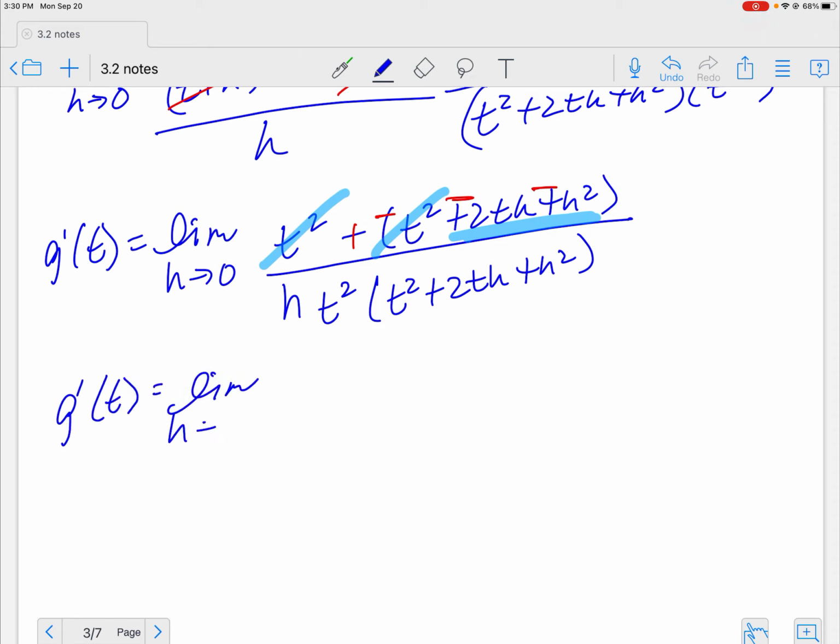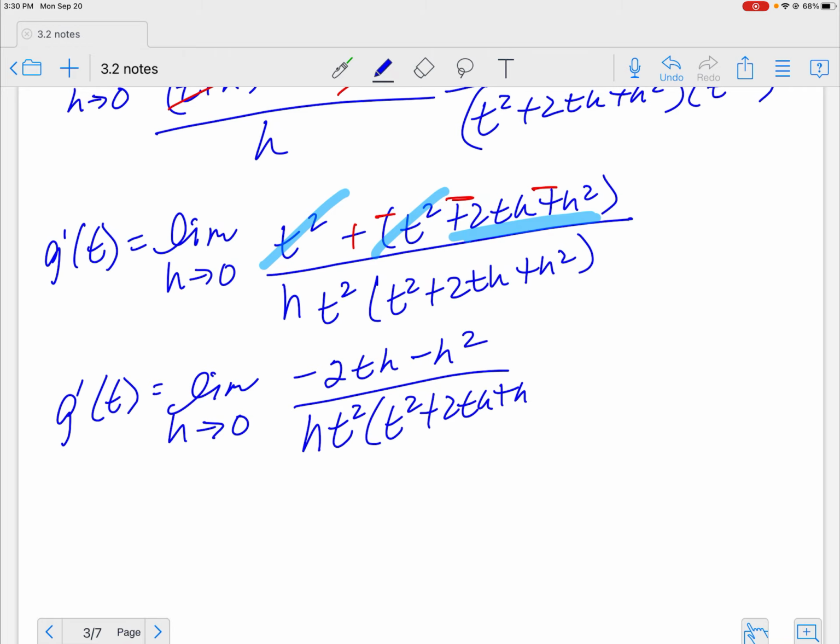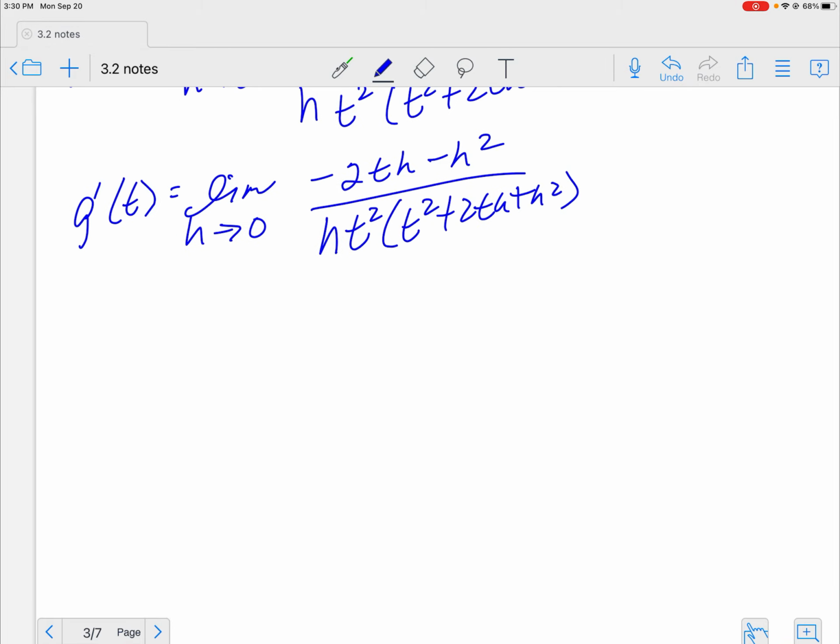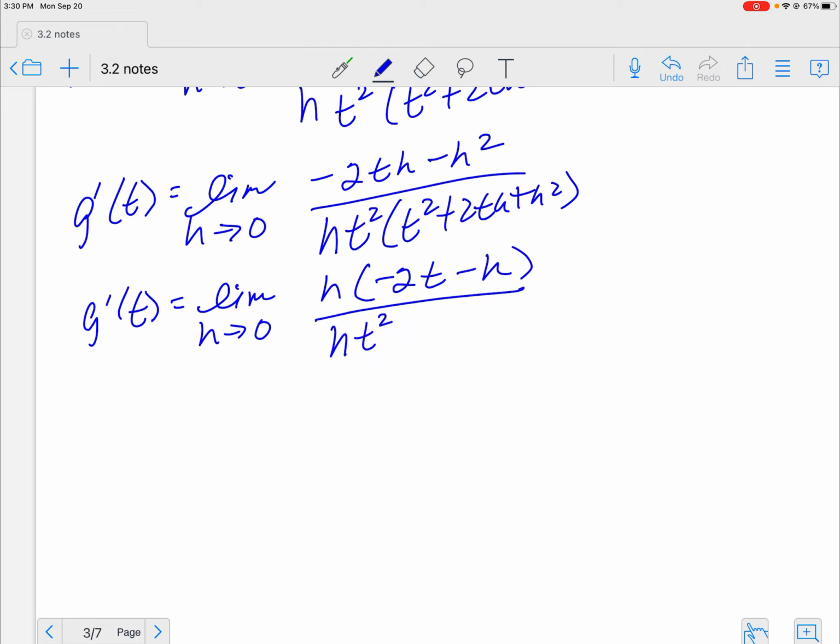So I have the limit still as h approaches 0 of negative 2th minus h squared all over h t squared, and then all of that, t squared plus 2th plus h squared. If I factor an h out of the numerator, so the limit here as h approaches 0, if I factor out an h, then I'm left with a negative 2t minus h over h t squared, t squared plus 2th plus h squared.